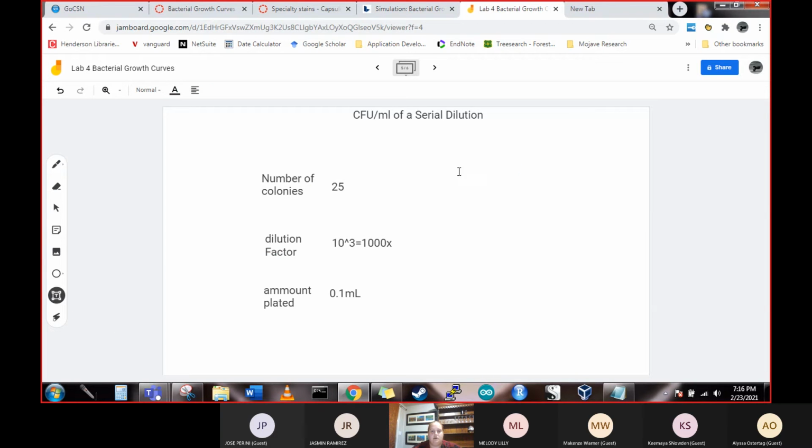Let's see if I can type this out. So your number of colonies divided by your amount plated, and then times by your dilution factor, which in this case would be 1,000.